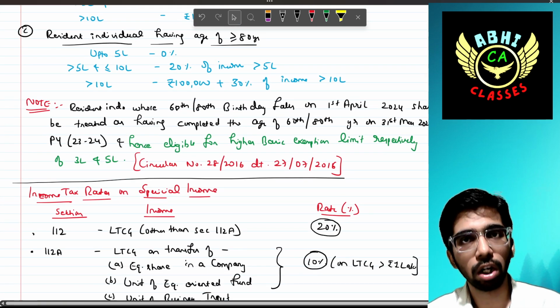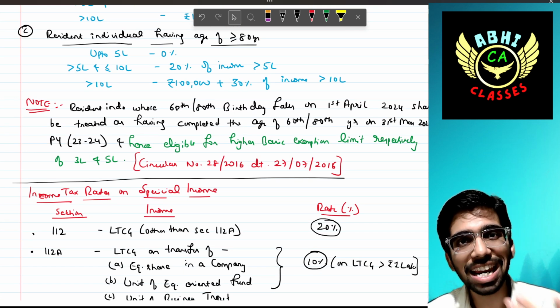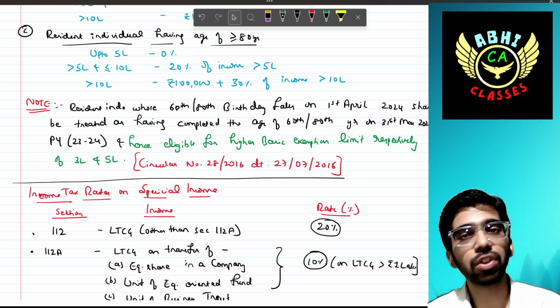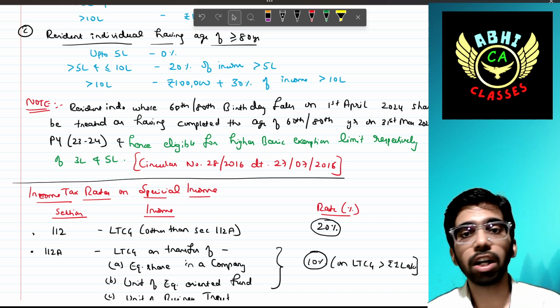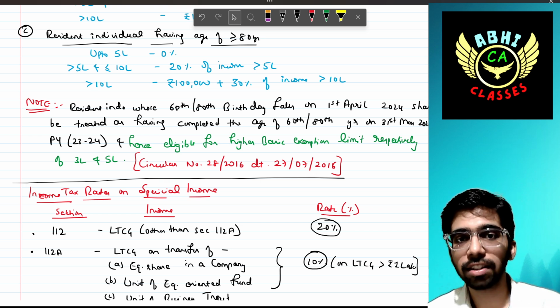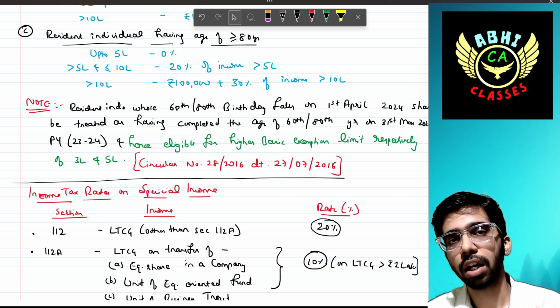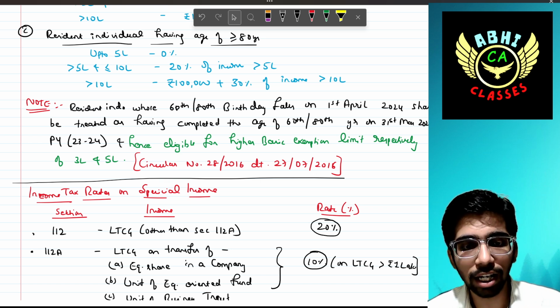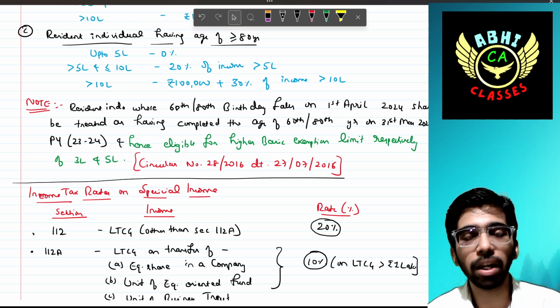That is one important note. A resident Indian whose 60th or 80th birthday falls on 1st April 2024 shall also be treated as having completed the age of 60 or 80 as on 31st March 2024, and hence he is eligible for the higher basic exemption limit of 3 lakh and 5 lakh respectively. Let's say, for example, because of only 1 day delay, he is not in a position to avail that benefit, right?